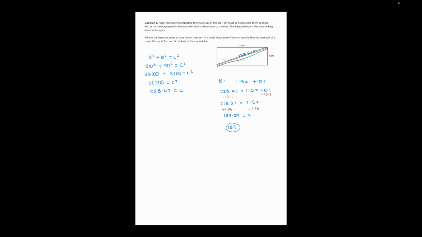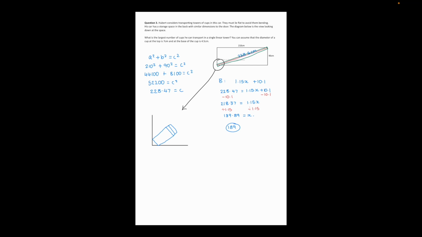But if you imagine zooming in on this corner, the cups can't fit exactly to the end, because when I place that first cup and then the second cup and the third cup and so on, there's going to be a little bit of extra space that I can't quite use, because they're not going to quite go into that corner.